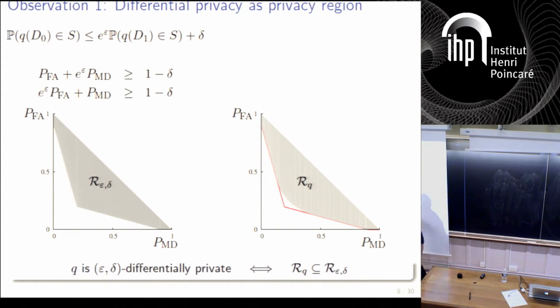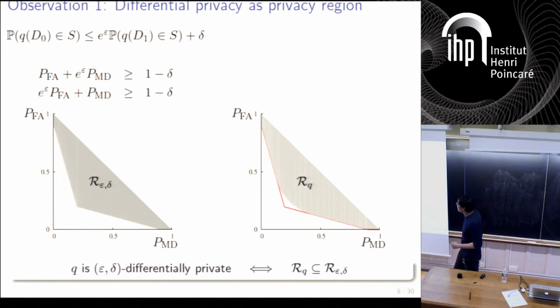Intersect them, and you get this nice triangular region. This is delta, and the slope has to do with epsilon, but I won't go into the details of what each value is. Let's call it R of epsilon delta, which corresponds to the intersection of two half spaces defined by epsilon-delta differential privacy.